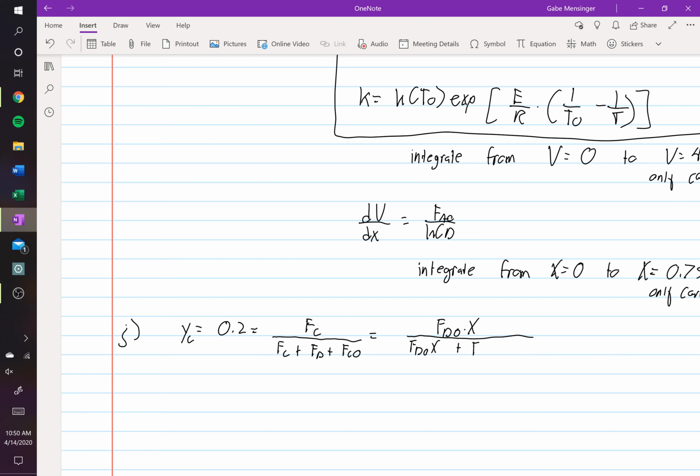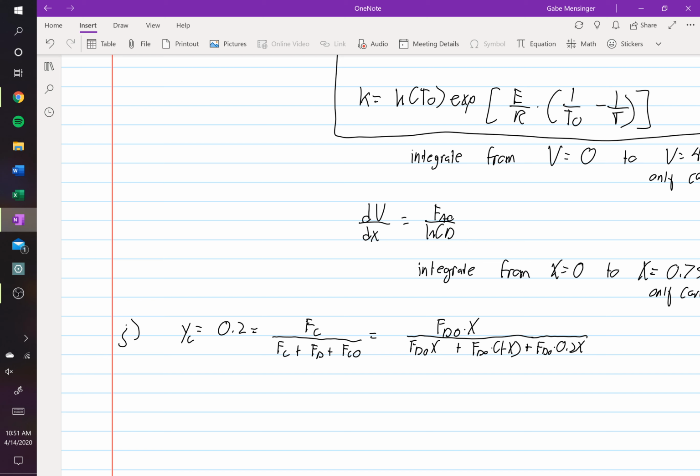F_D is going to be F_D0 times 1 minus the conversion, and F_C0 will be plus F_D0 times 0.2x, because it is 1 to 0.2 for D to C0. To C0, not C naught.